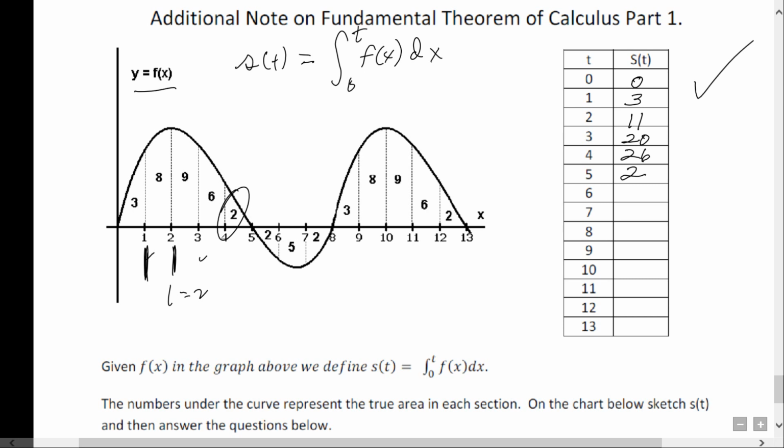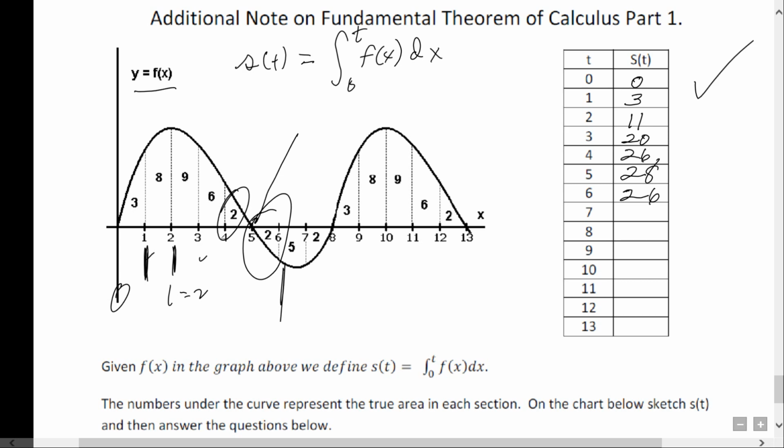At t equal 5 you picked up 2 more, and you've got 28. Now notice what happens here. The minute the function goes below the x-axis, any area is counted as negative and it subtracts from the value of the function. So the integral from 0 to 6, we would subtract 2 off, and so at t equals 6, we would have 26.